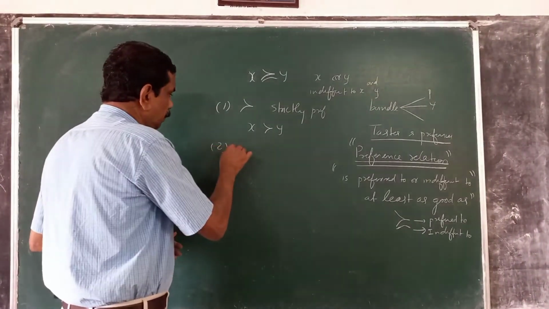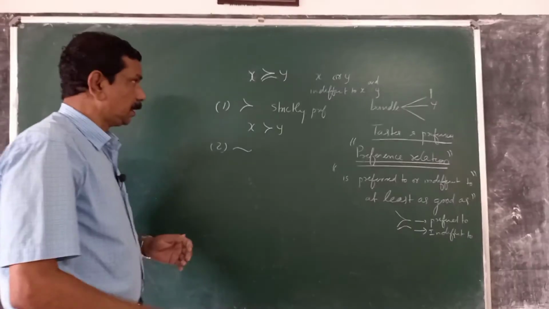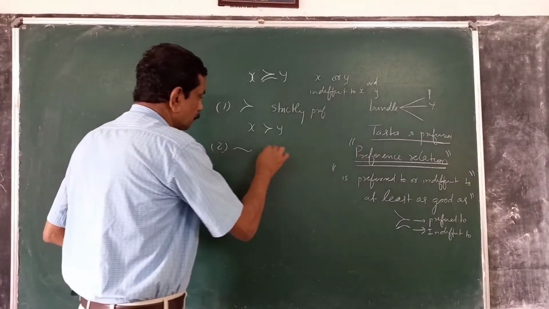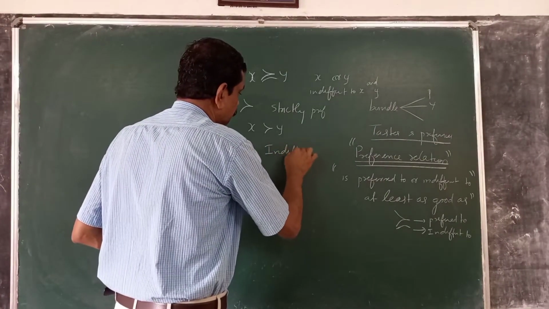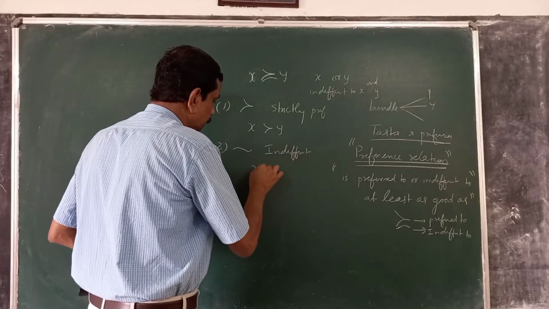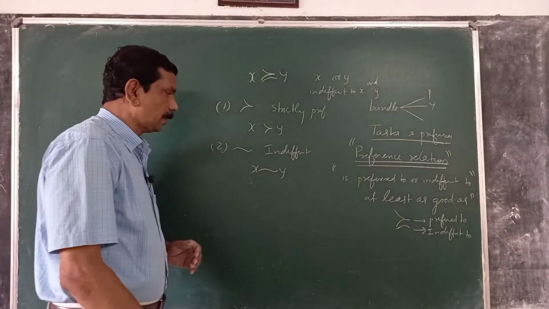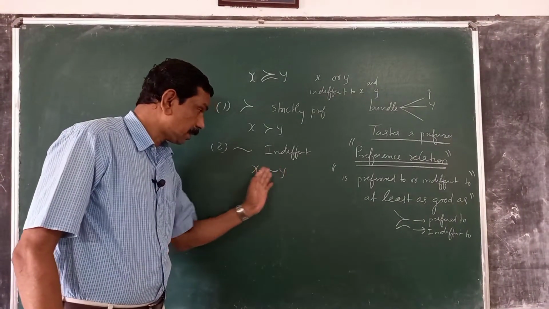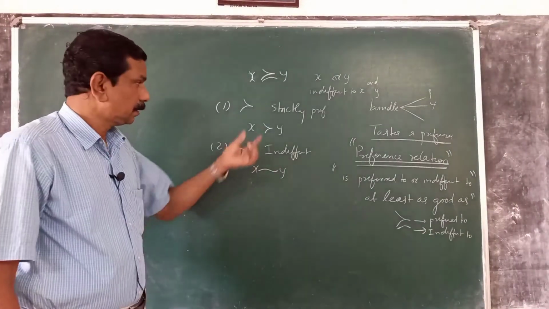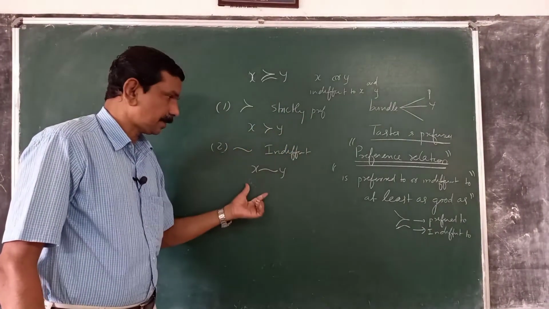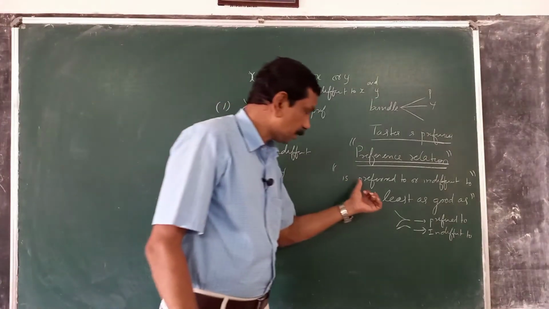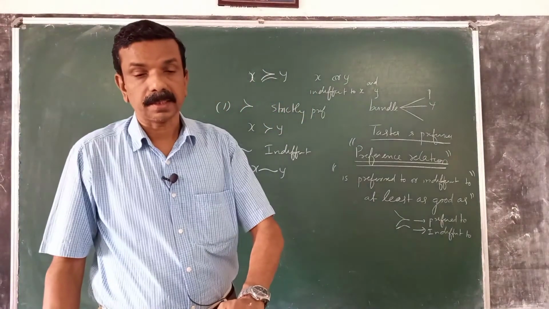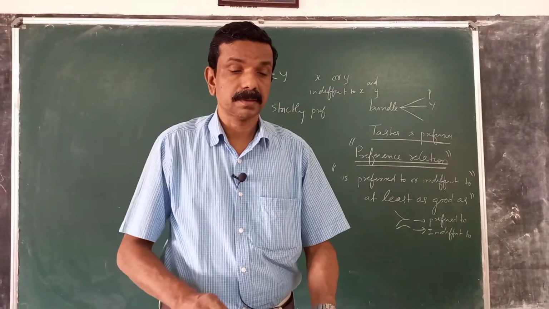The next symbol means indifferent. So, if I write x, y like this, then it means the consumer is indifferent between the bundles x and y. Strictly prefers, indifferent. Combining this, we have preferred to or indifferent, or at least as good as.